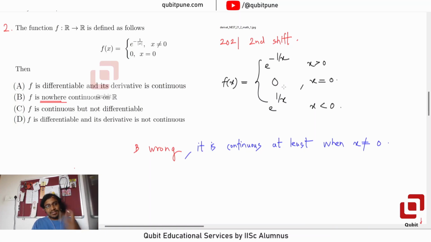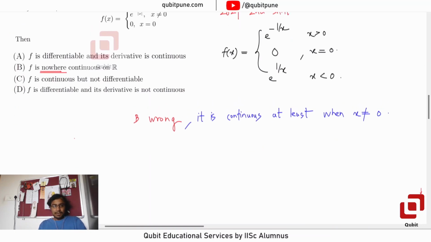Now let us see whether the function is continuous at x equal to 0. We can argue like this. Let us find the RHL first.